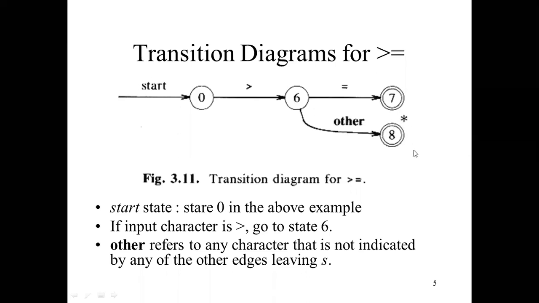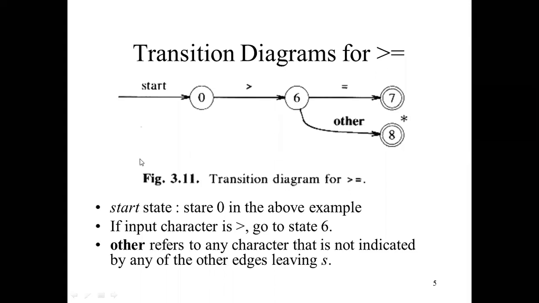A double circle with asterisk sign indicates that retraction takes place, so that you can move to another state from here. But now it is fixed, because here we already get our output. So here we write other with the asterisk sign, because we have already received our goal. So this is called the transition diagram for greater equal.